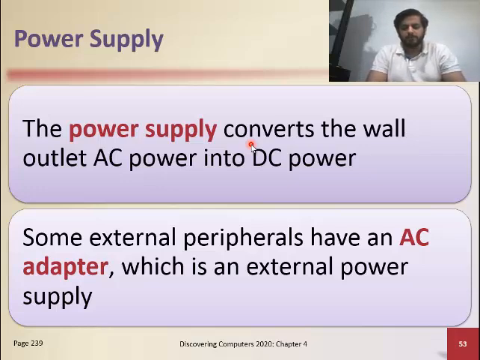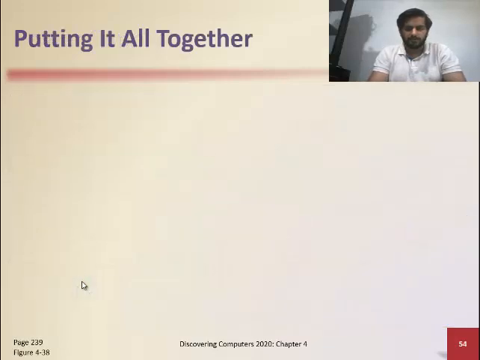Every electronic device works on direct current and is not able to work on alternating current, so we have to convert the AC coming into your home into an acceptable level of DC, and for that purpose we use the AC adapter. We also have a small physical external power supply inside your system unit, used to convert the alternating current into a direct current level.